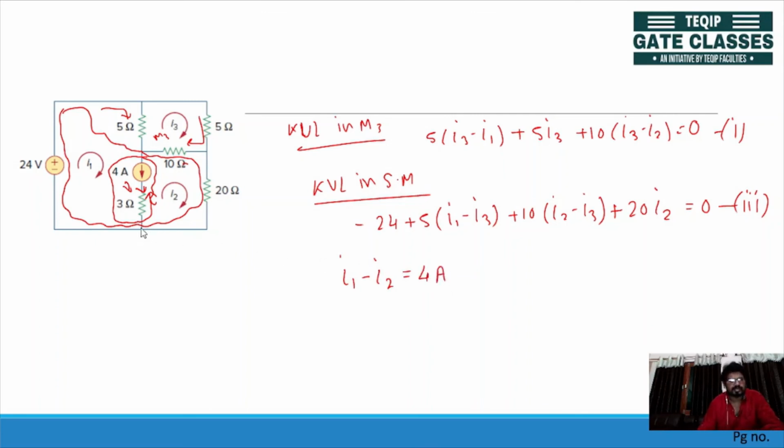Or you can apply KCL here also. Here I2 is in this direction and your I1 is in this direction. Incoming current is I2 plus 4 and outgoing is I1, so it is the same, 4 is equal to I1 minus I2. So from here you'll get your third equation.